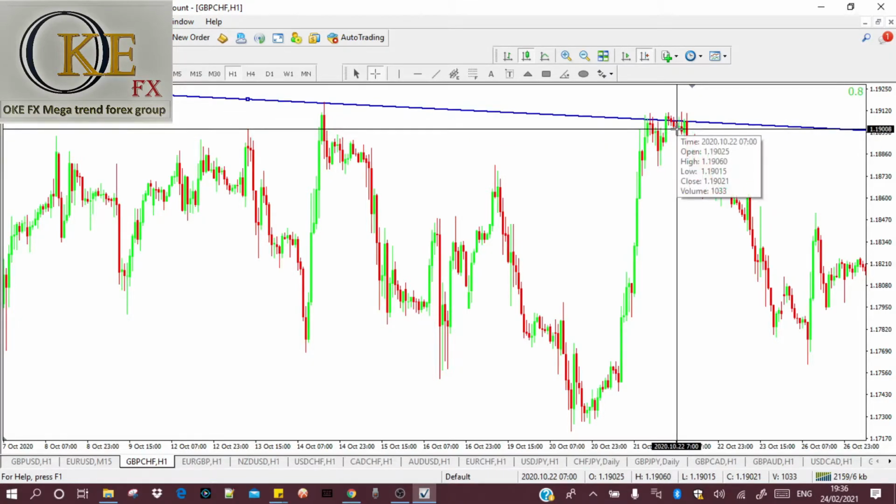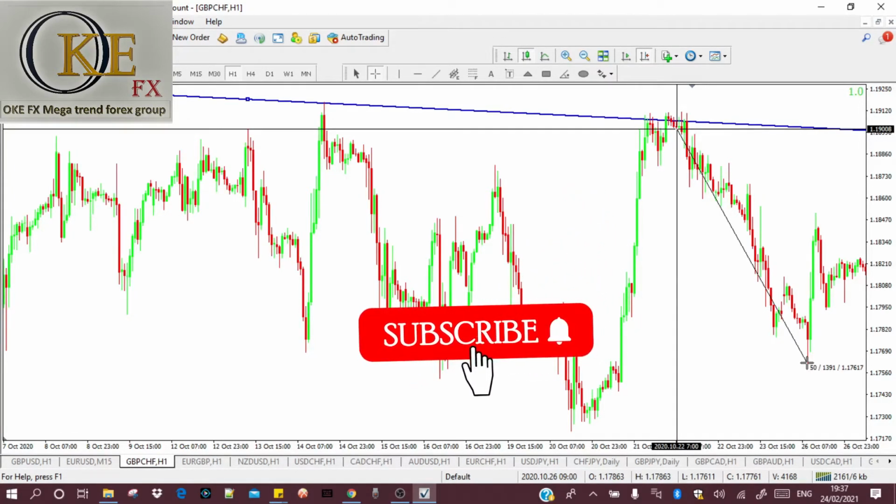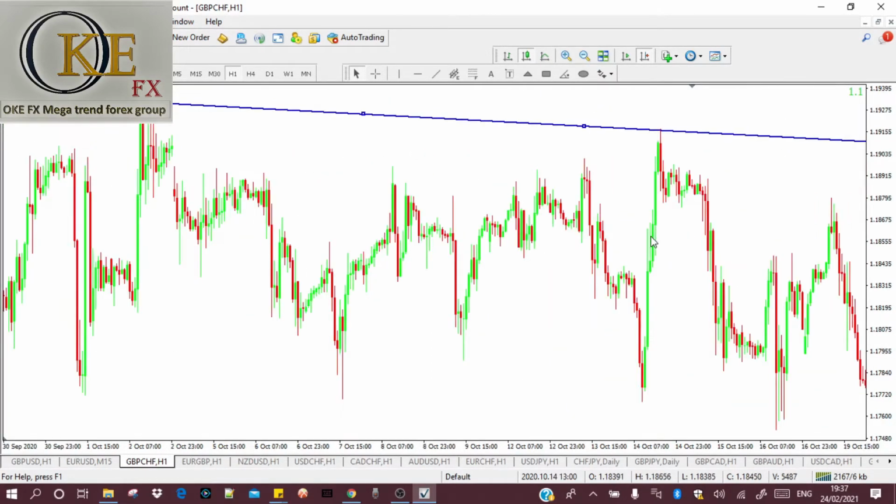Now imagine taking a trade from somewhere here and going all the way down to 139 pips in the market. Come on, there will be nothing as sweet as this to any trader out there, but not without you knowing the skill. You can't just guess these things. You might guess for the first time and get it right, but subsequently you can't always get it right.